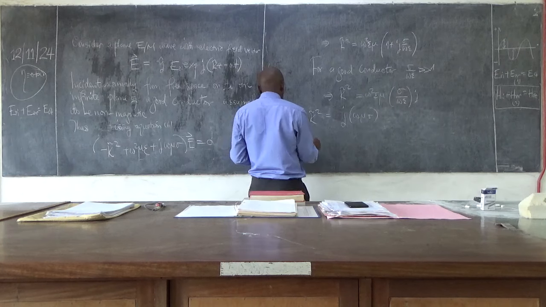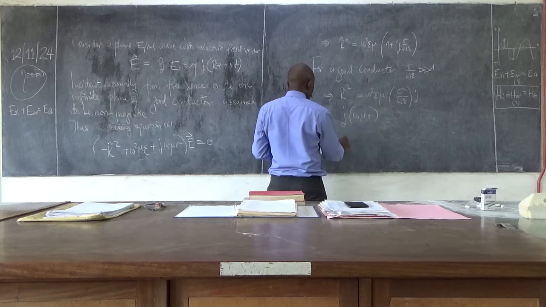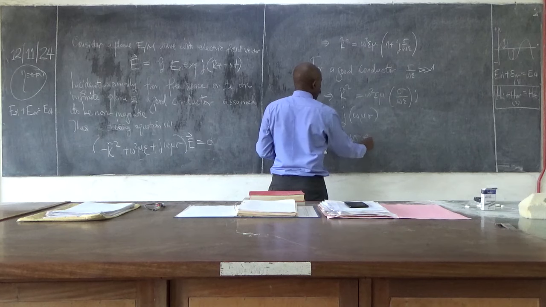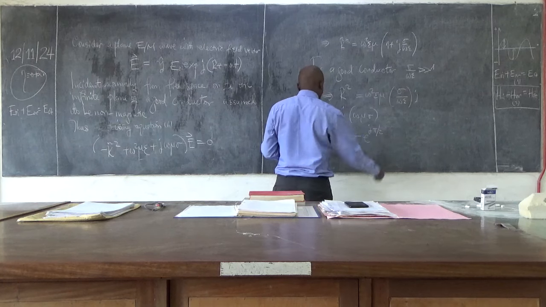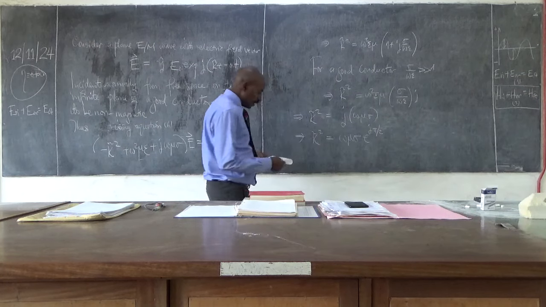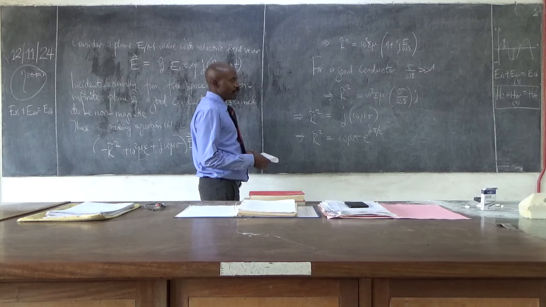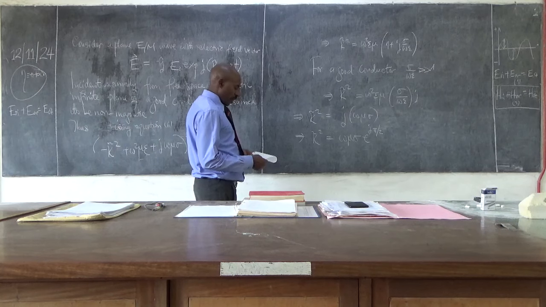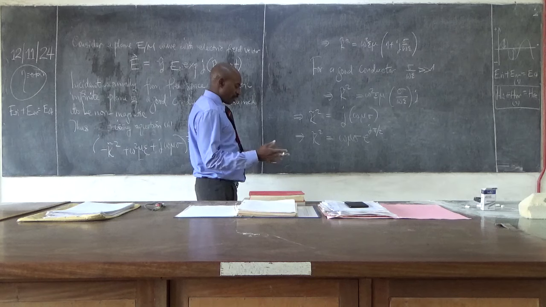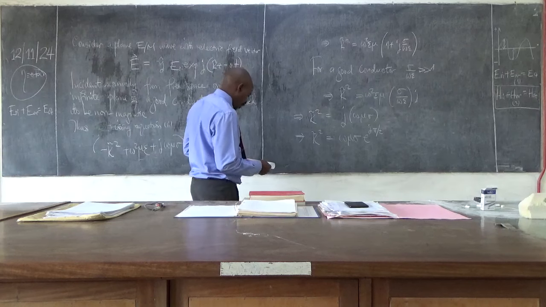We can now say that k wave squared equals omega mu sigma exponential j pi over 2, because e to the j pi over 2 is the same as cos pi over 2 plus j sin pi over 2. Cos pi over 2 becomes 0, j sin pi over 2 is 1, so still you get back to j.